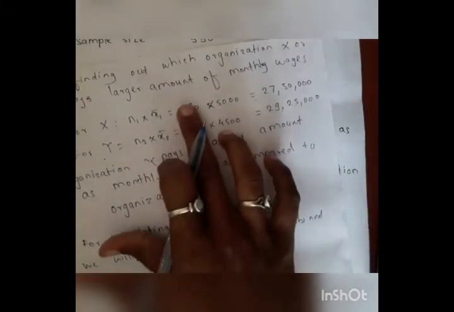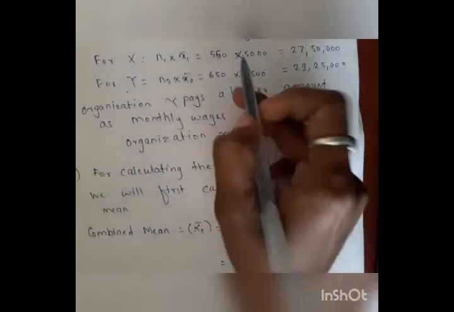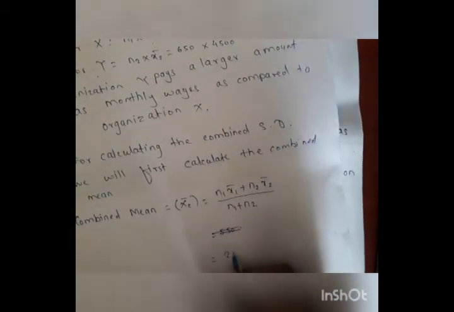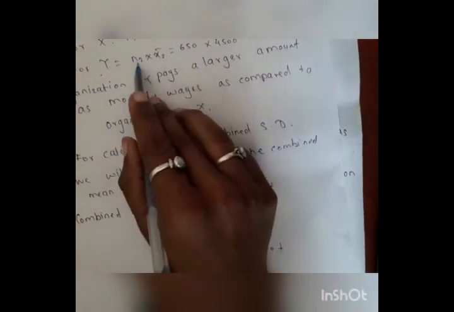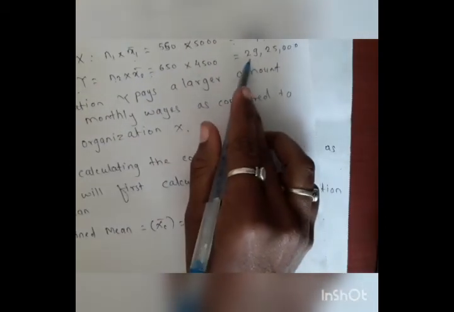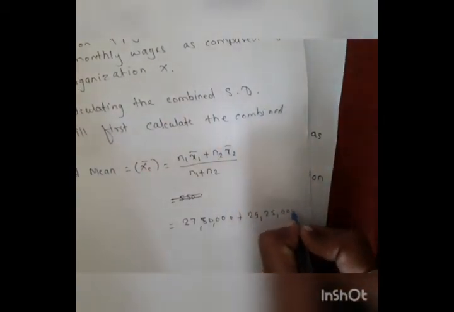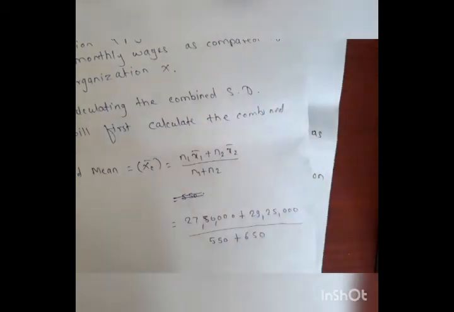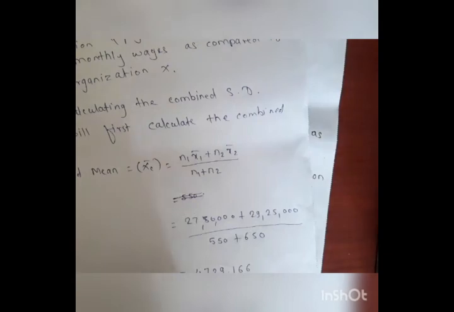Here n1 x1 bar is 27,50,000, plus n2 x2 bar, which is 29,25,000, divided by n1 is 550 plus n2 is 650, and after solving this we get 4,729.166. This is the combined mean.